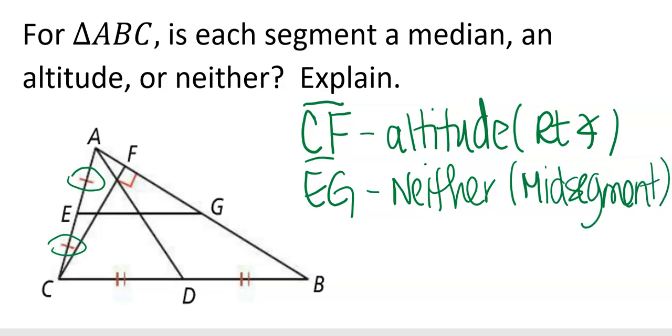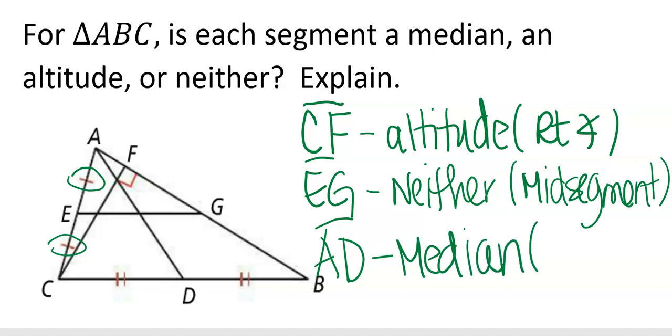Okay, now let's do AD. What is that one? That one is a median because it cuts this side in half and it also goes directly to the angle on the opposite side. So we are going to say median here.